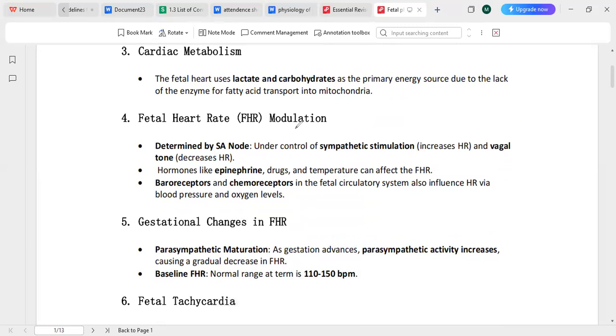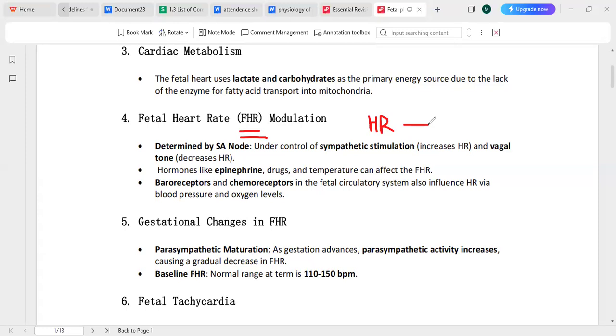Now, a very important thing: fetal heart rate. As a gynecologist and obstetrician, you should know that heart rate is very important in determining whether the fetus is doing well or not. Anything we want to know about the fetus is checked by checking the heart rate.